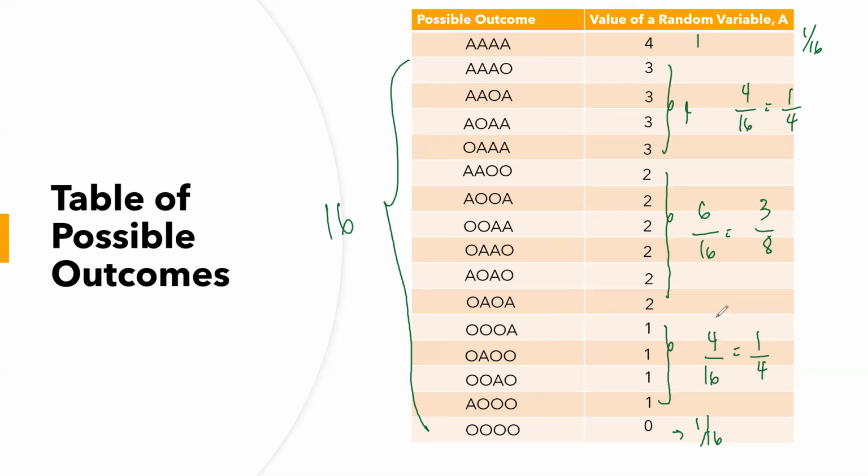Here we have 4 outcomes consisting of 1 apple, and only 1 outcome consisting of no apples. So here's how we find the probability: we count the frequency of the value to get the desired outcomes, while the total number of outcomes is always the denominator. Now we're going to proceed to the next slide.